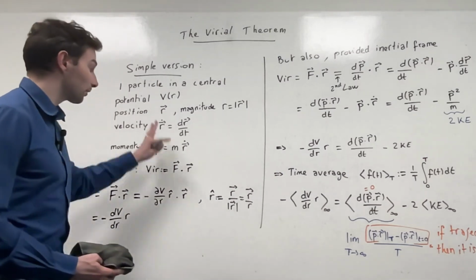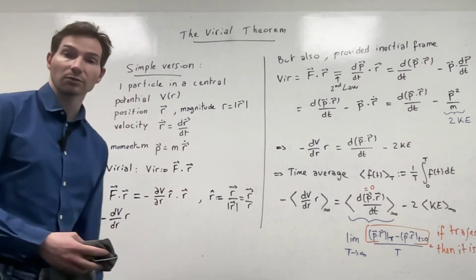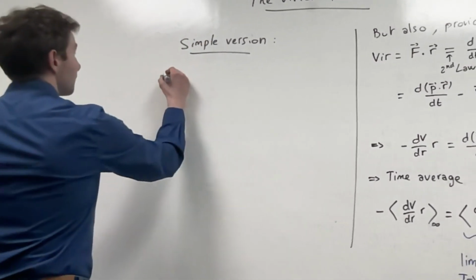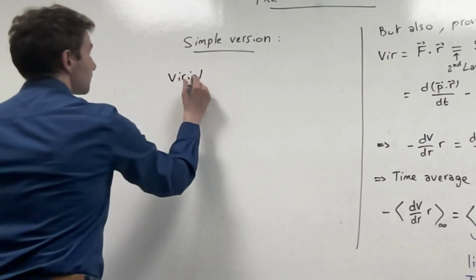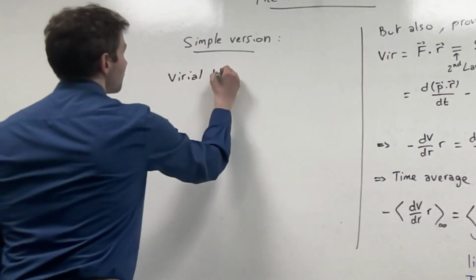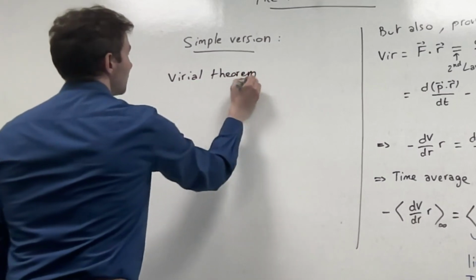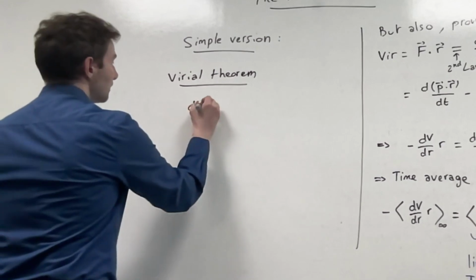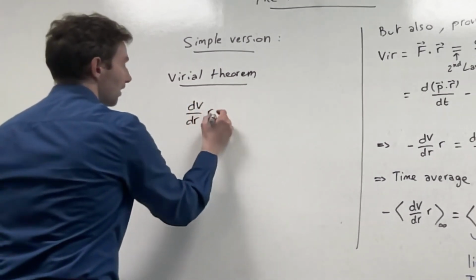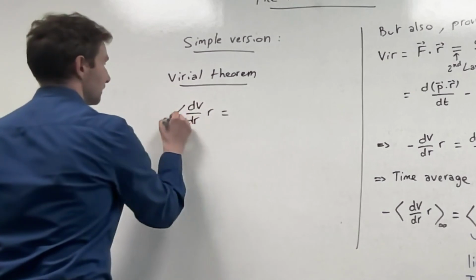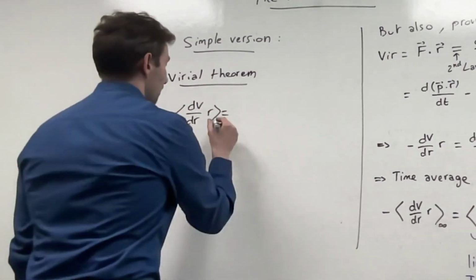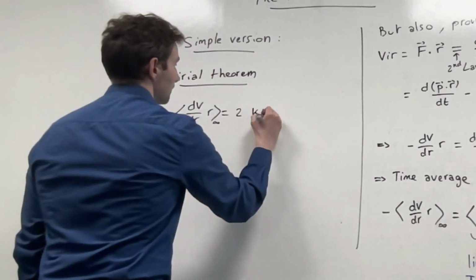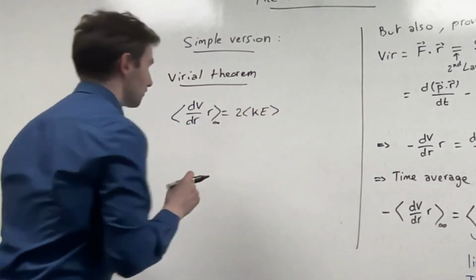So I'm going simply to erase quickly on that side, and we can then move on to the next step. Okay, so let's formulate the Virial Theorem here in a simplified case. The Virial Theorem is basically telling us that the expectation value, the infinite time average, of dV/dr times r is equal to 2 times the expectation value of the kinetic energy.